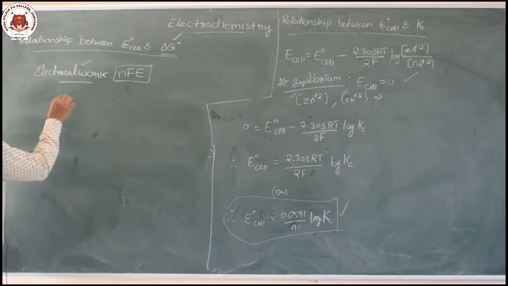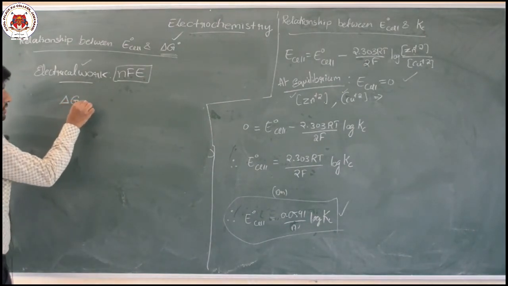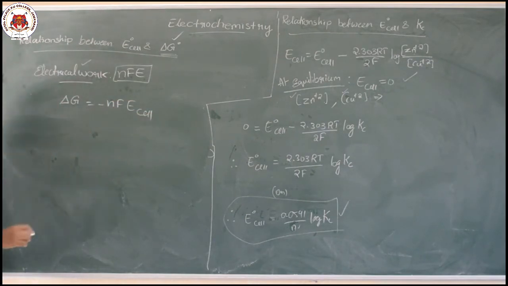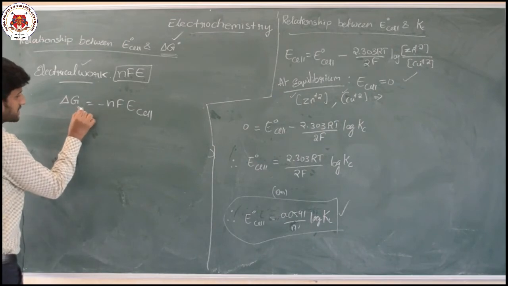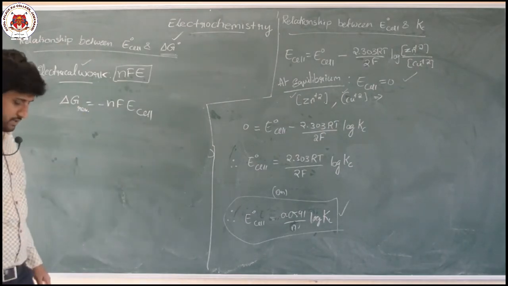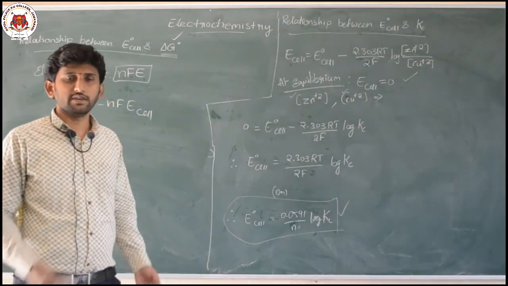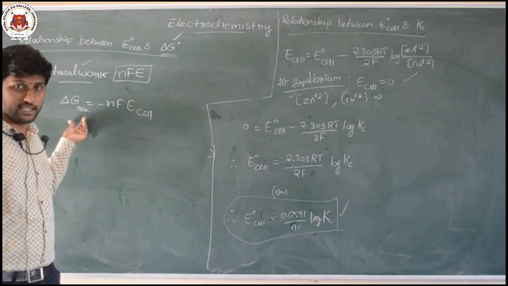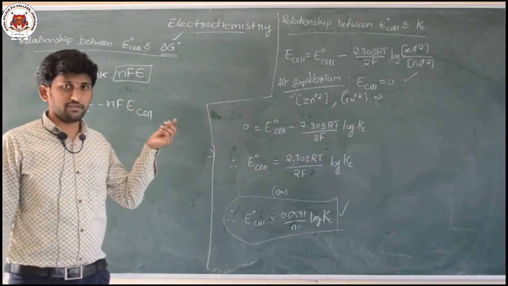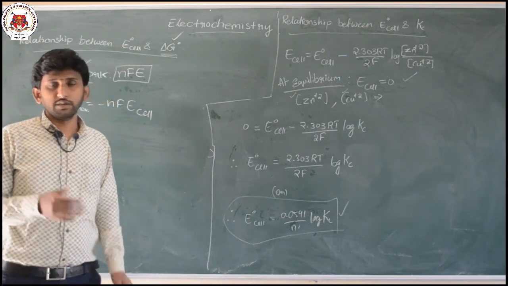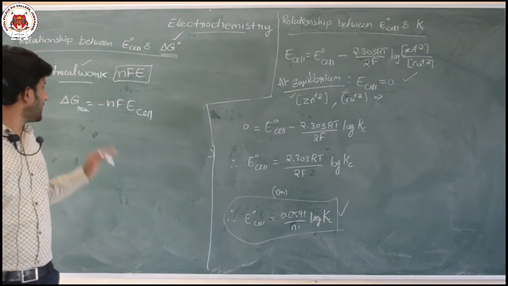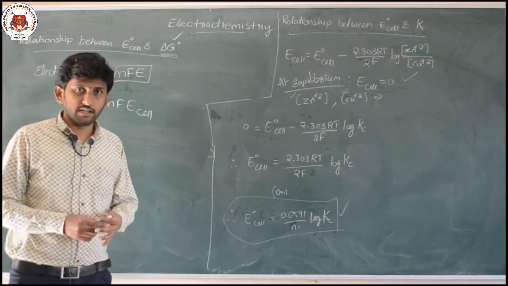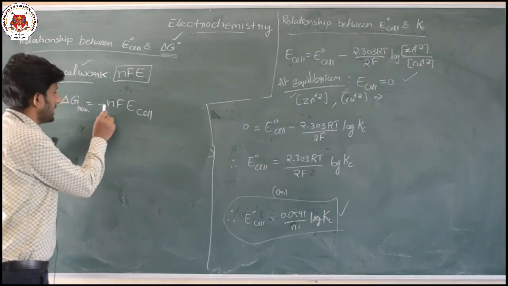So, I will give the relation delta G is equal to minus nFE cell. Here I will write delta G reversible, because generally in thermodynamics we consider reversible changes. So, Gibbs free energy is equal to minus nFE cell. So, Gibbs free energy and electrical work done, how are they related? Delta G reversible is equal to minus nFE cell. Why are we taking the negative sign?